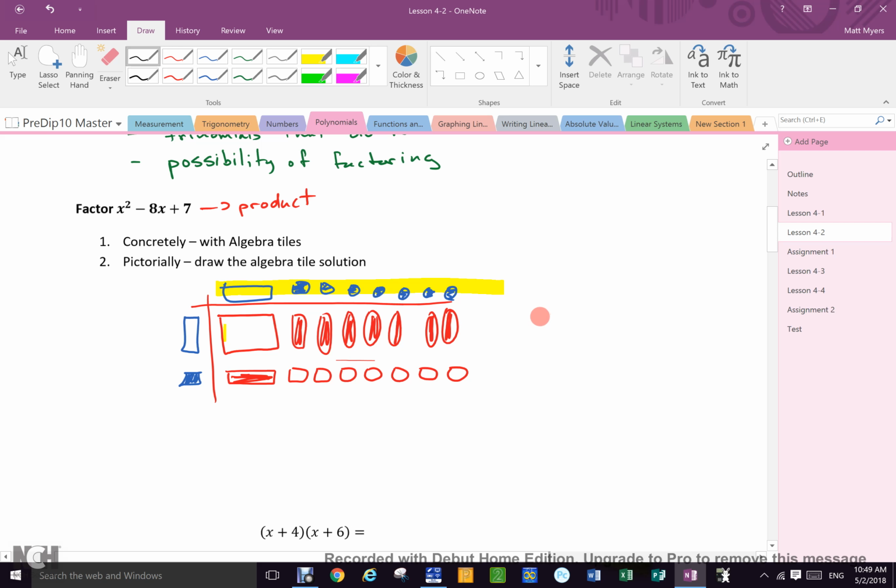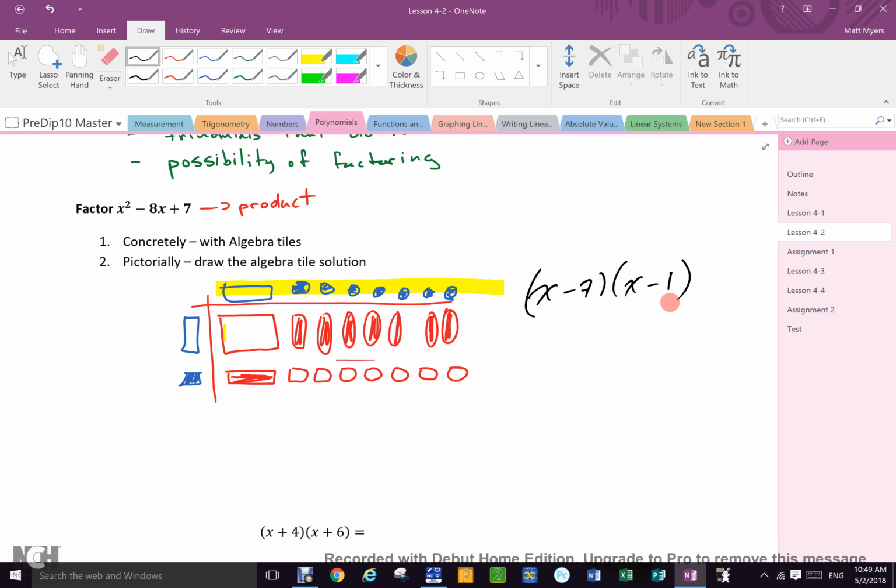You just need to count. How many x's? 1. How many little guys? Negative 7. How many x's? 1. How many little guys? Negative 1. Done.